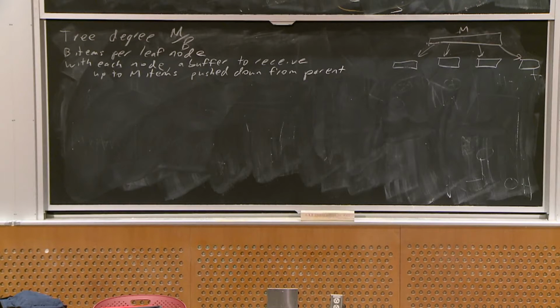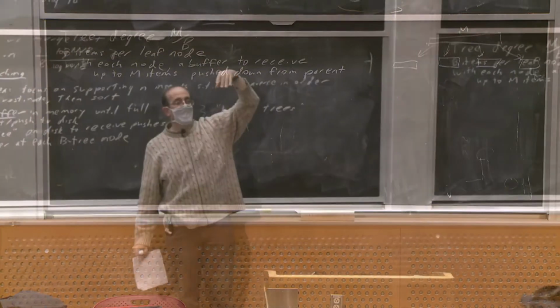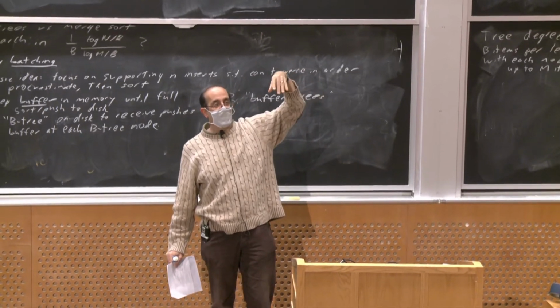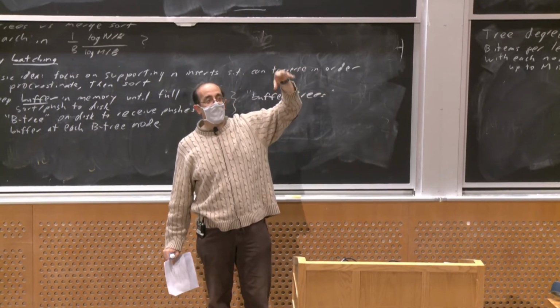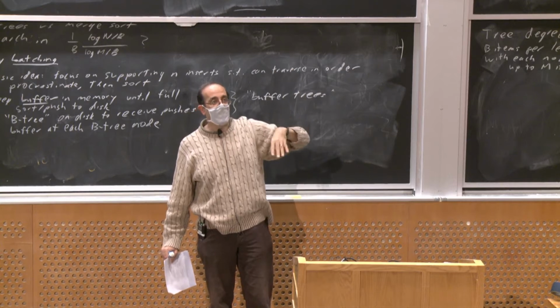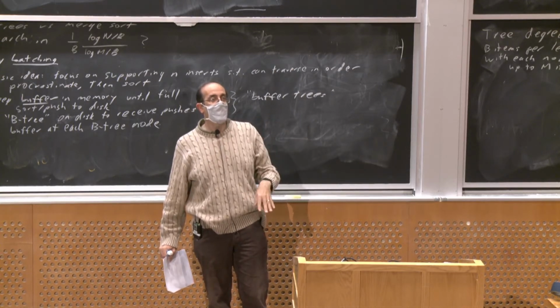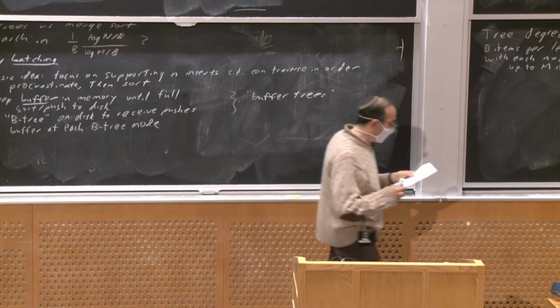So again, every item, when you insert it, starts in memory, and then as various things fill up, it gets pushed down to an appropriate child, and it lands in a buffer. When that buffer gets full, then you're going to push those items down from that node to that node's children, and so forth. Did that answer your question? Okay.